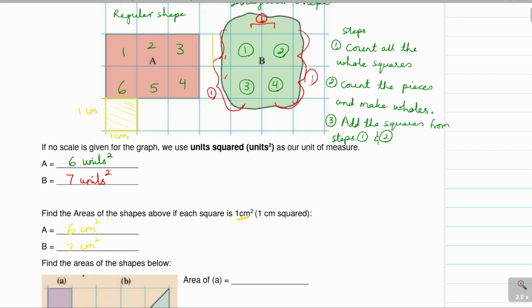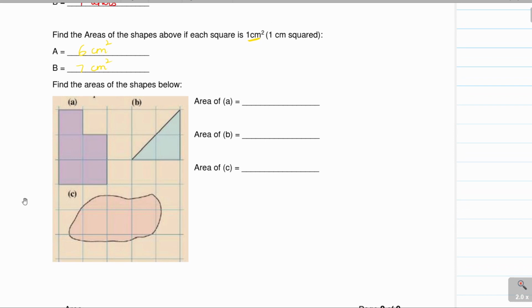Alright. Now, you pause the video and try to find the areas of these shapes here. Now, I didn't say what units of measurement we're using here, so I would like for you to use units squared. Alright, so pause, find the area of these, and then unpause and check your answer.